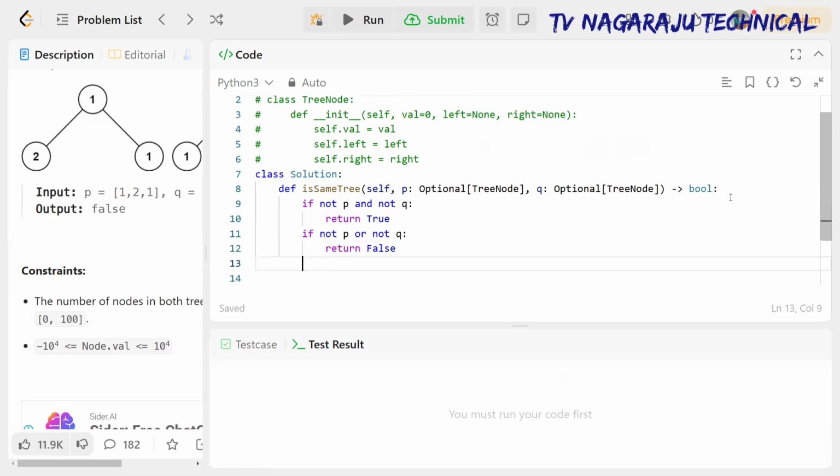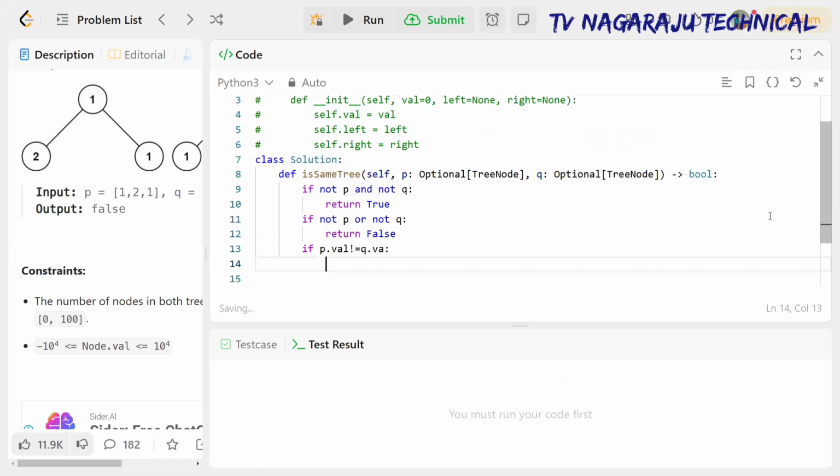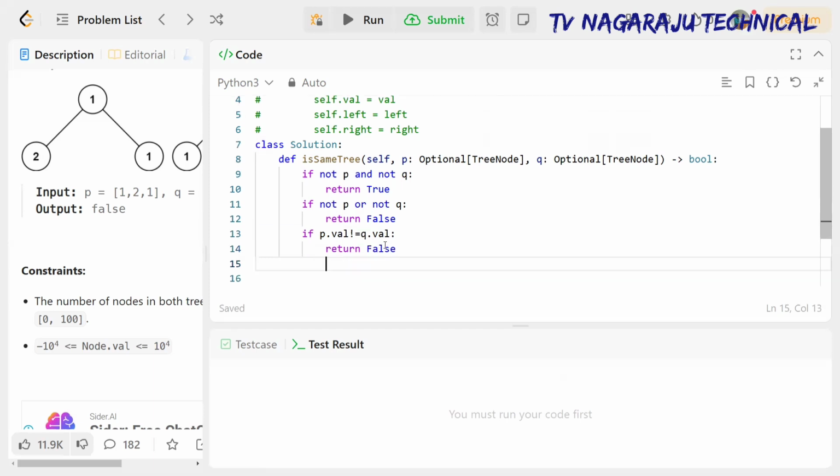Okay, so this is just for checking the structure of p and q. Now you need to check the value. If p.val is not equal to q.val, at any point, then return false.